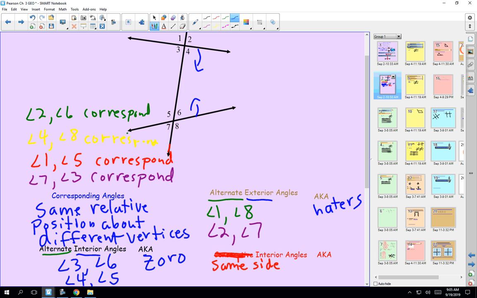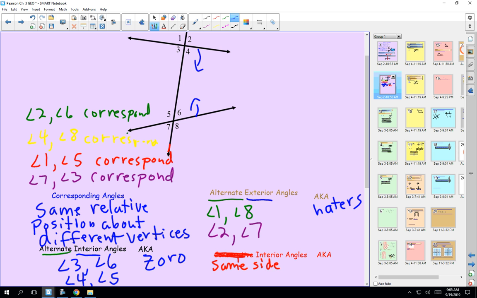We call it the transversal, but yeah, it's in between those two lines that are not parallel. But when we use this, we're going to use it mostly with them being parallel, and then there are special properties about these four angle types. They're either congruent or supplementary.